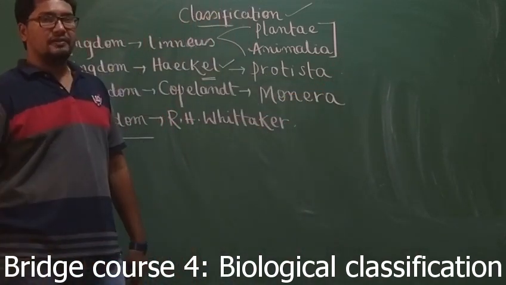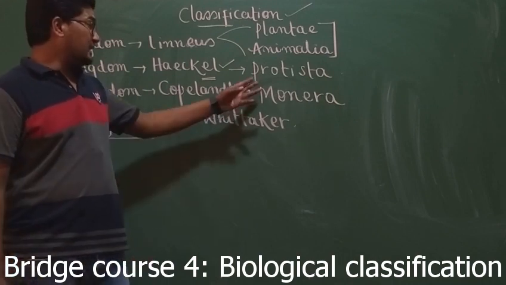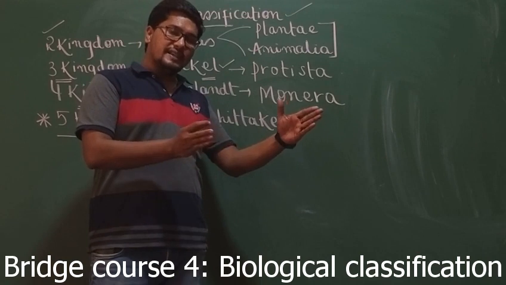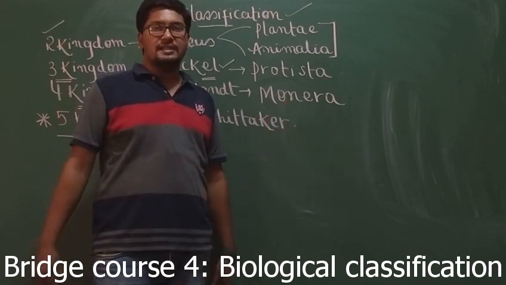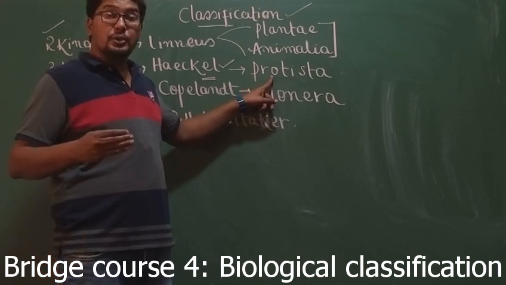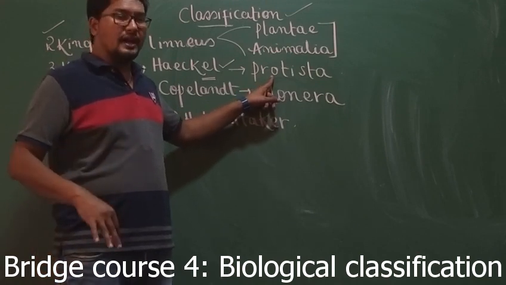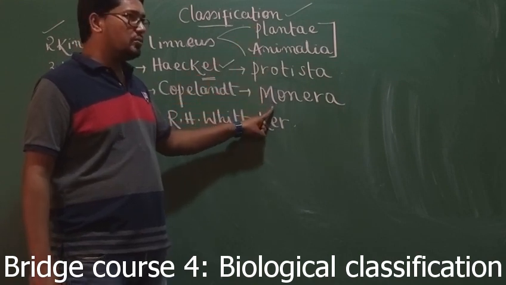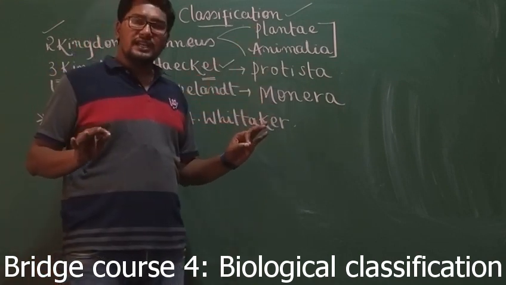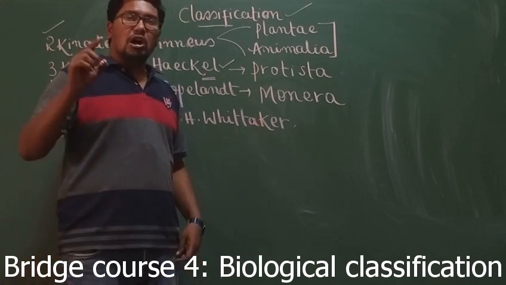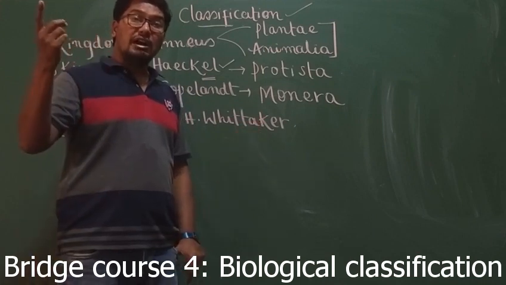Monera. Due to advancement in microscopy, by this time we came to know that prokaryotic cells are different and eukaryotic cells are different. So Protista is the kingdom of, as I said, unicellular eukaryotes. Now the 4th kingdom added to the existing 3 kingdoms is Monera. Monera is the kingdom of unicellular prokaryotes, like all the eubacteria and archaebacteria.